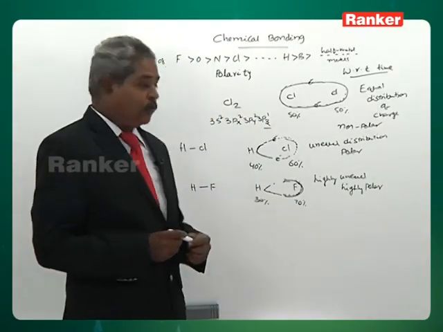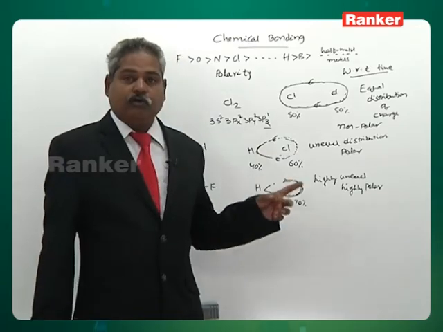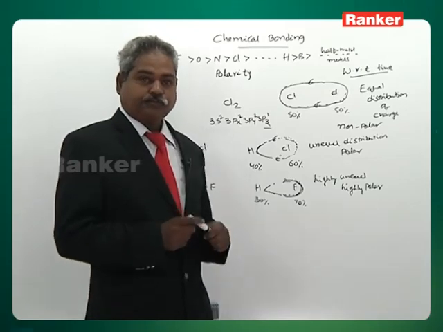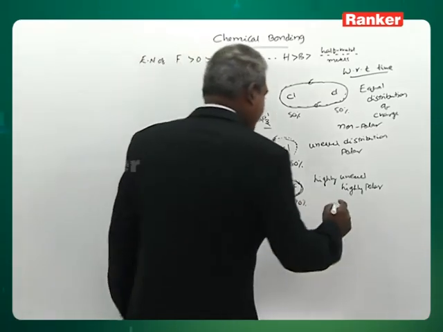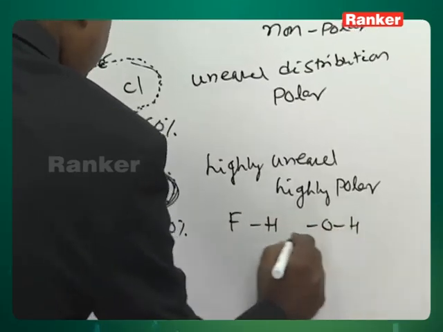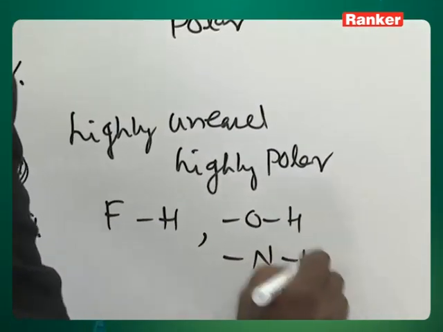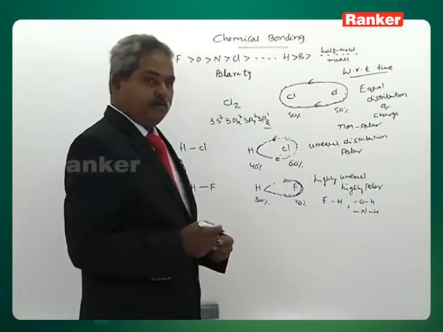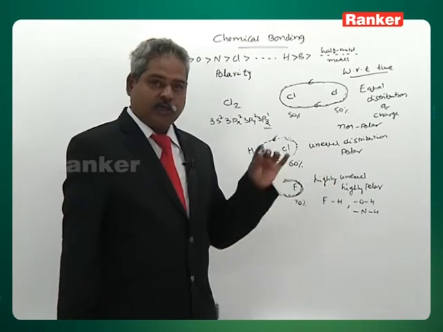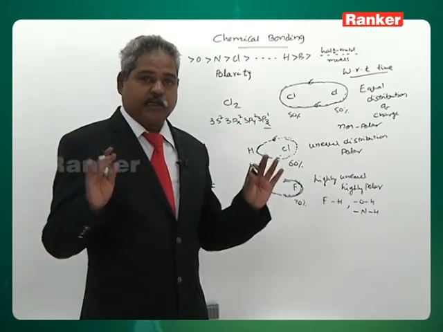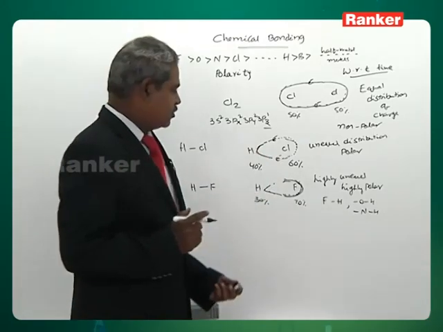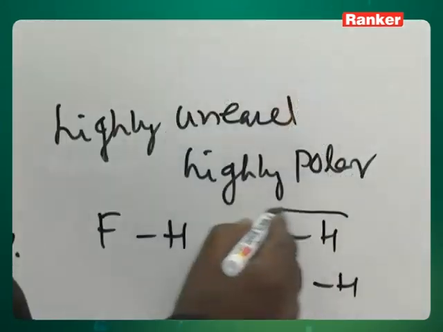And you won't have these highly polar covalent bonds in many molecules, only in molecules with FH, OH, NH bonds. FH, OH, NH bonds only. Very few cases, there may be one or two others, but we should always learn the broadest thing, which is applicable for 99% of the cases. Let us not worry about a few others.